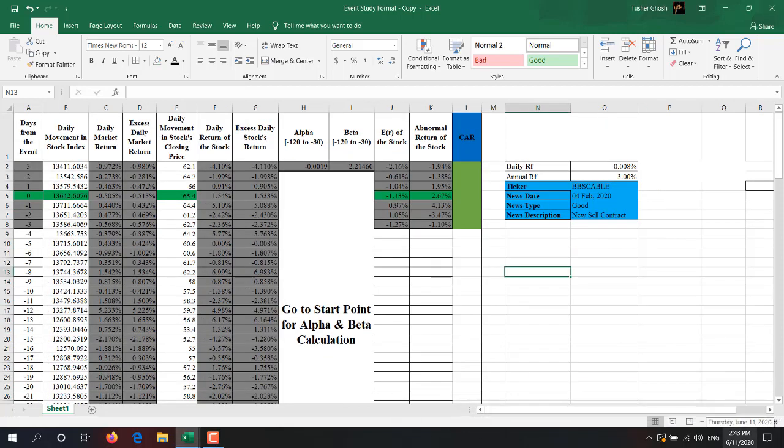Okay, so I have just solved the problem. In the previous section, when I was writing in here, the numbers were changing in here. So what was the reason? It took some time for me to find out. The reason was that when I was calculating the excess return, I was not fixing the daily risk-free return, that is this amount, by using the dollar sign. So when I double clicked on this portion, this number was following along downward.